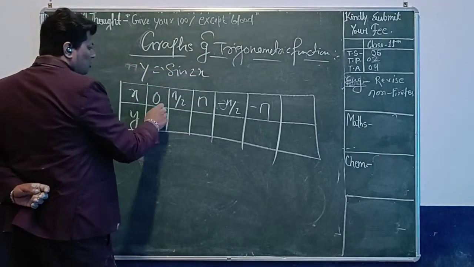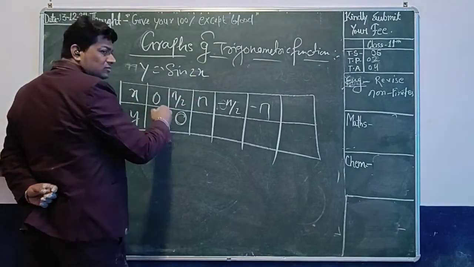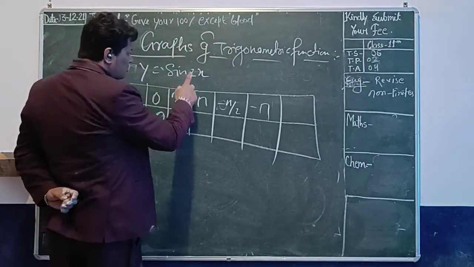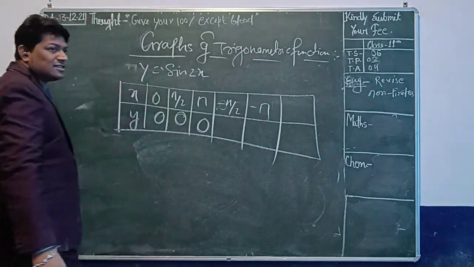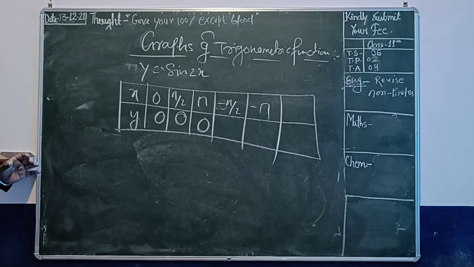You will get 0: 2 into pi by 2 is pi, sin pi is 0, and sin 2 pi is 0. You are getting 0 for all these values. If you talk about pi by 2 and pi, you are getting 0. Is it clear?